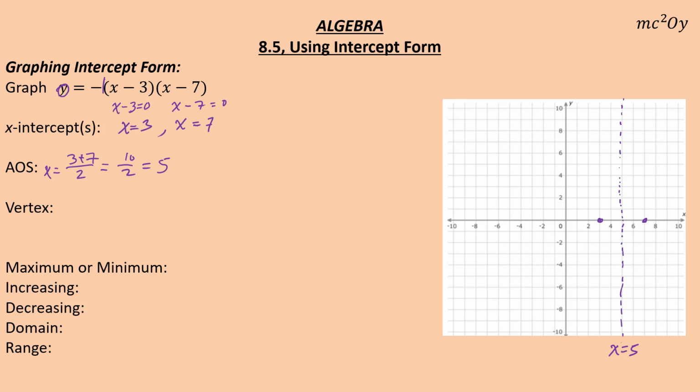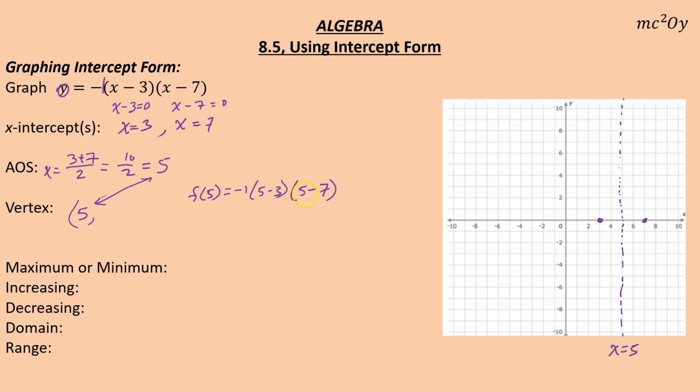Your vertex, we have to calculate the vertex here. We know the x value is 5 because these are always the same. But the y value I have to calculate. So you substitute that 5 back in up there. So f of 5 equals negative 1 times (5 minus 3) times (5 minus 7).